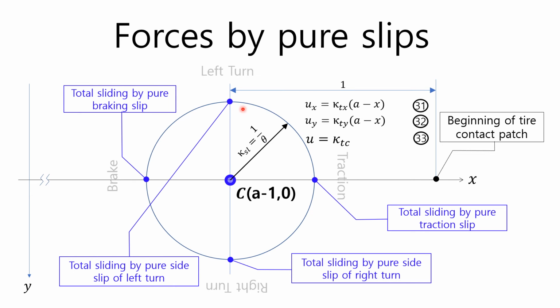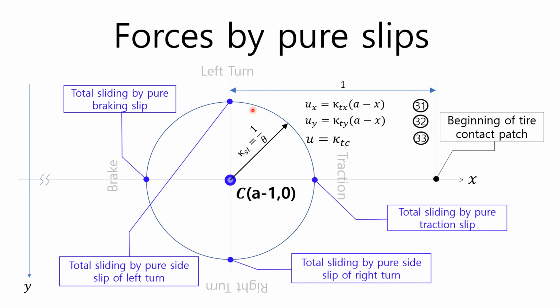Let's look at the forces by pure slips. The point where a line passing through the center of a combined slip circle and parallel to the y-axis meets the combined slip circle in the minus y area indicates the total sliding by the pure side slip in the left turn.